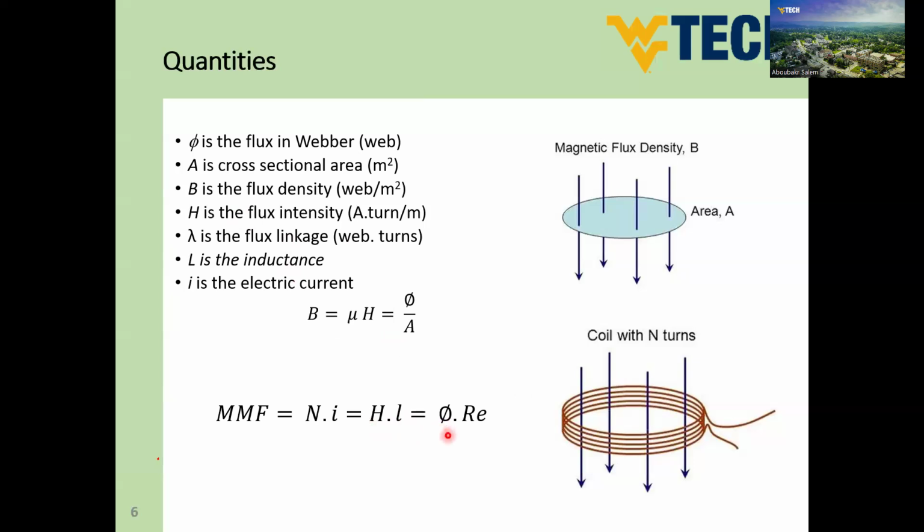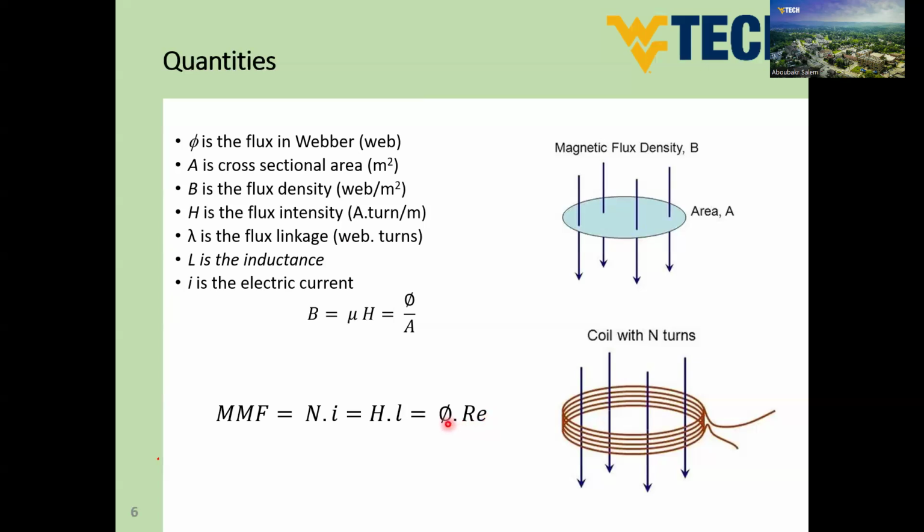And the second way is phi, our flux lines, times reluctance. Actually, reluctance is the equivalent flux resistance of the magnetic material. Like resistance in electricity, which is the impedance to electrical current in DC circuits, in magnetics the parameter is called reluctance.